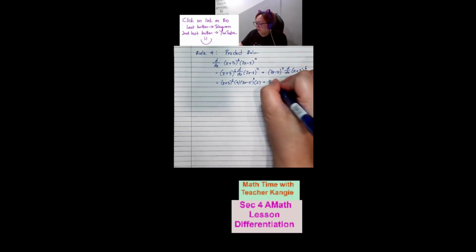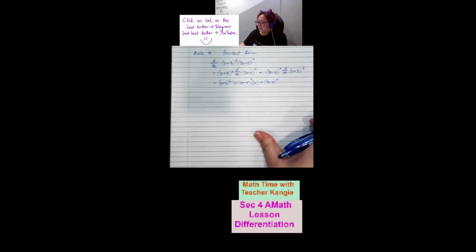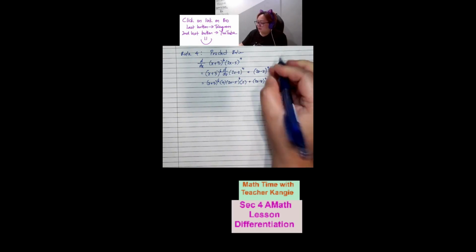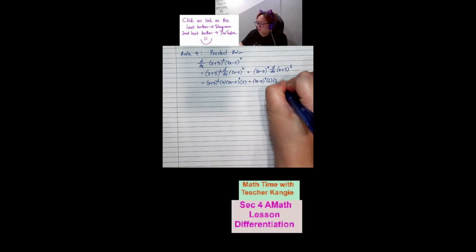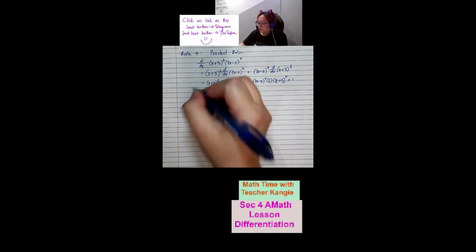Plus, this one keep no change, differentiate the right. It will be bring down the 6, (x plus 3), power minus 1, 5. Multiply by differentiate inside. In this case, differentiate inside is a 1, so just put a 1 here.